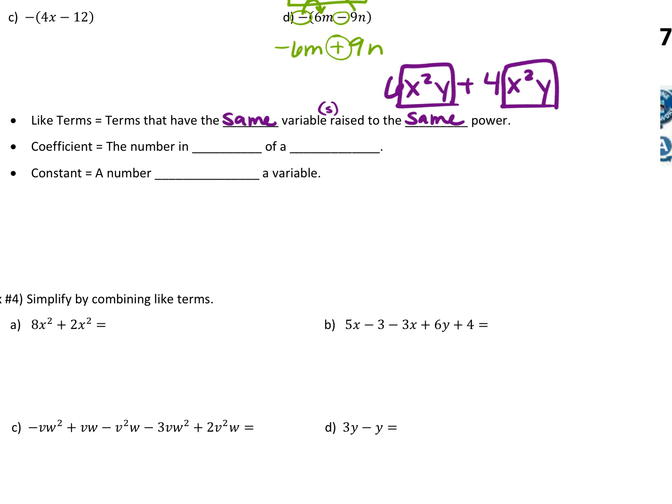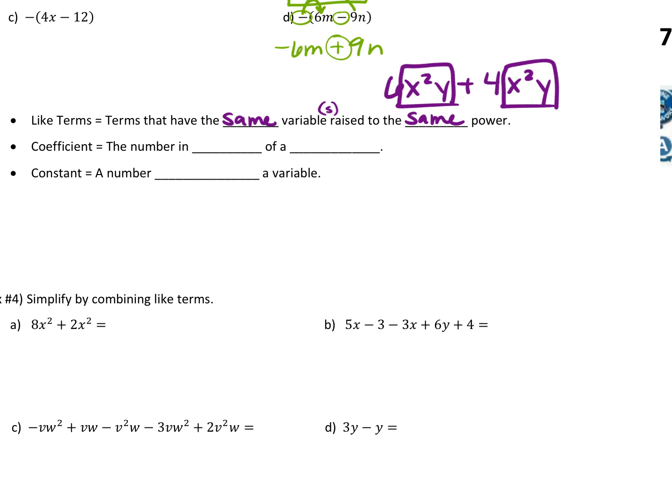Coefficient. Do you know what a coefficient is? Is that like the number being distributed? Partially at times. Isn't it the number that we put with the letter, the variable, right? Yes, it's the number that comes right in front of the variable.